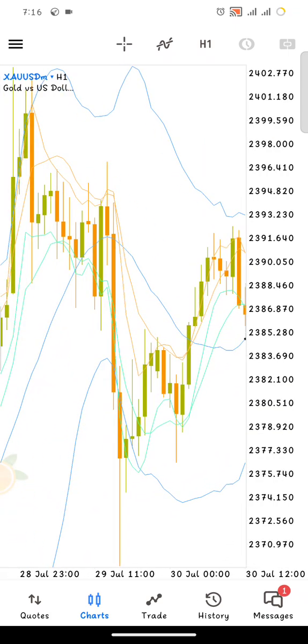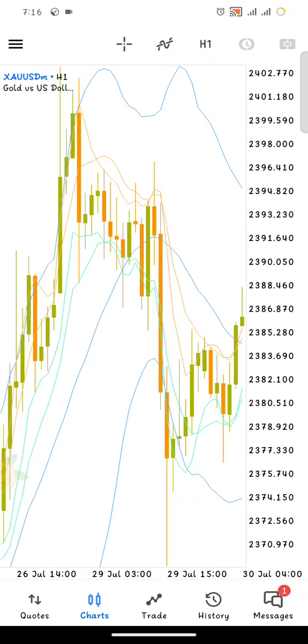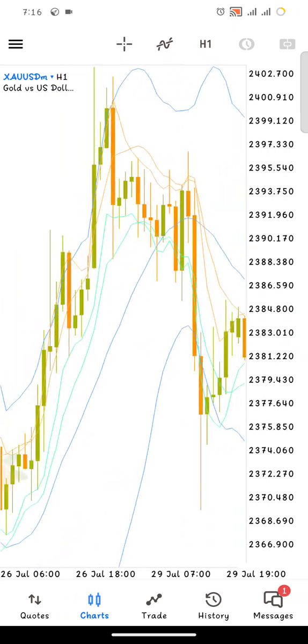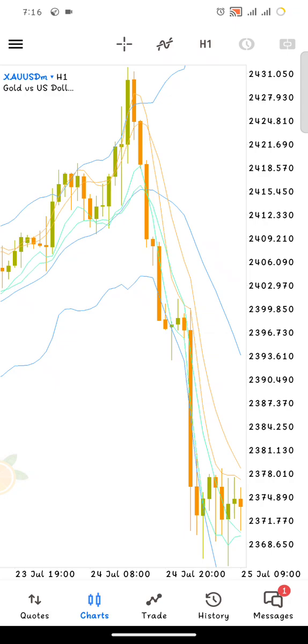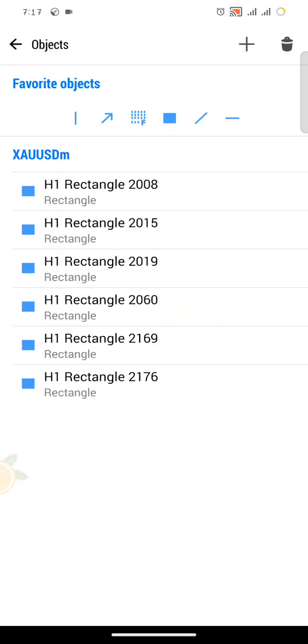Likewise, it is the very same thing that happens for the sell side. For example, if I show you right about here, you can see that price created momentum, the candle closed outside, and then it came back here for another re-entry. It came back to allow us to enter into the market. And what happened next, guys?